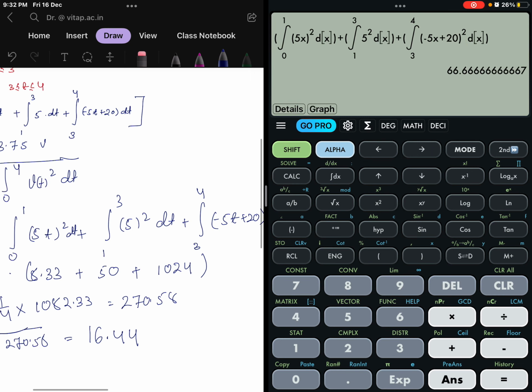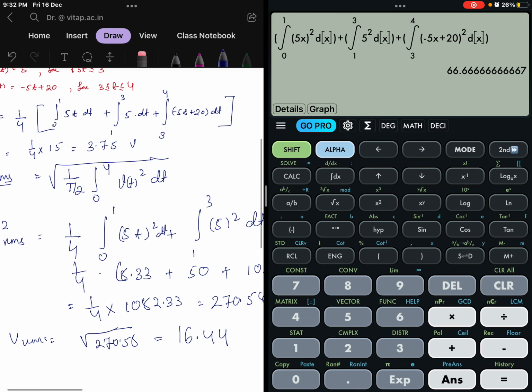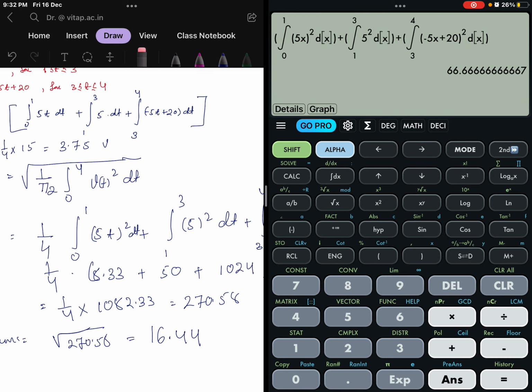Okay, so this value is coming as 66.66. So, the earlier one is not correct.